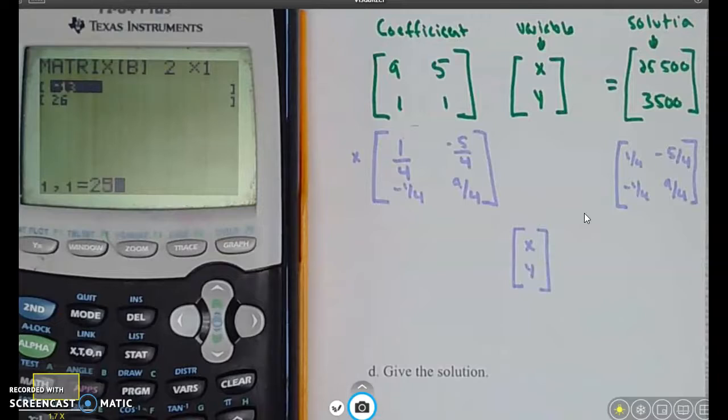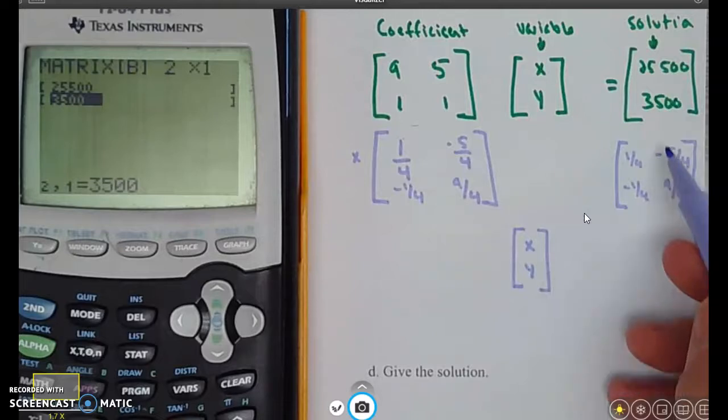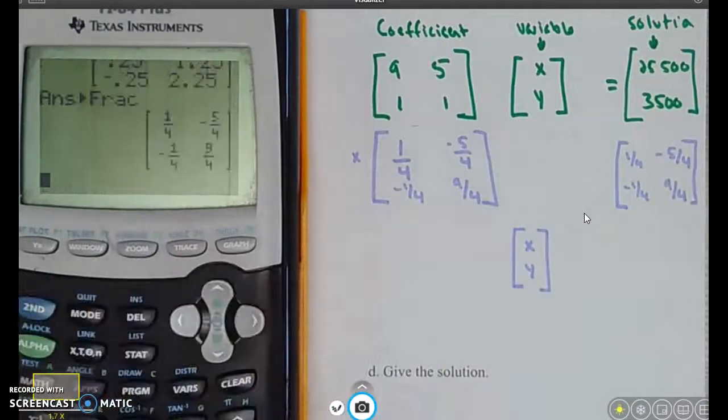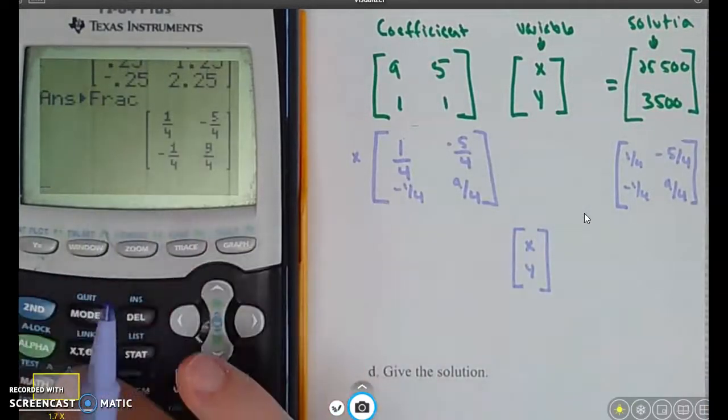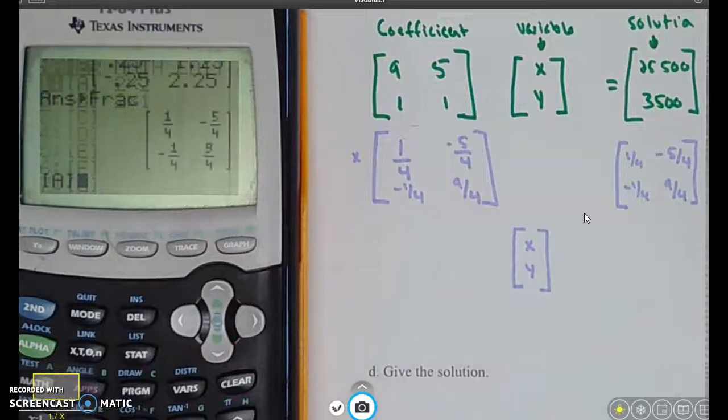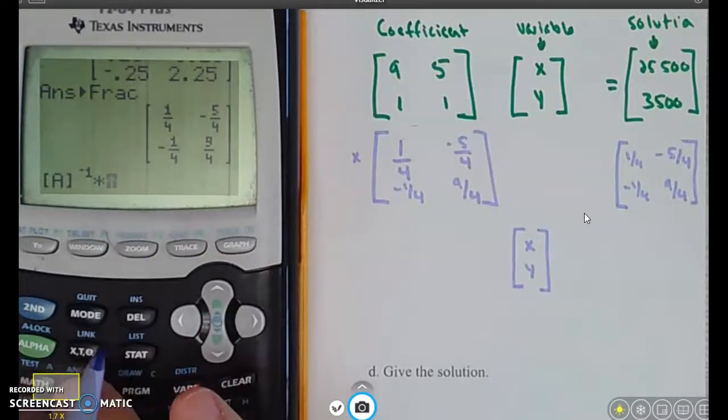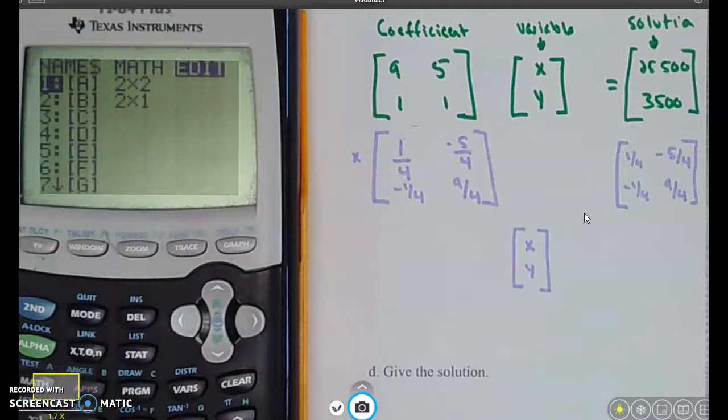So I have 25,500, and then I have 3,500. And what I want to do is multiply these two together. So I'm going to take second matrix, A to the negative 1 times matrix B.